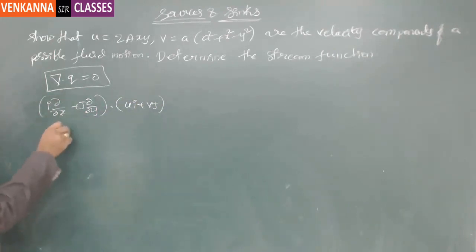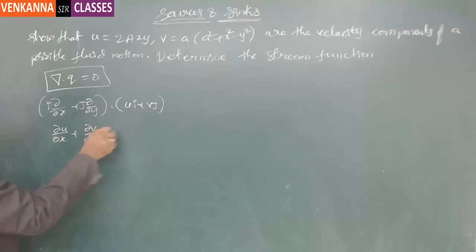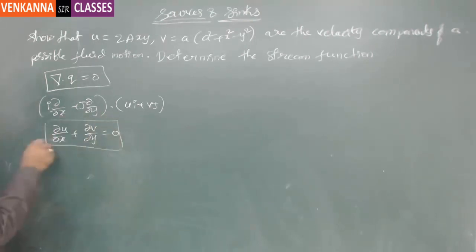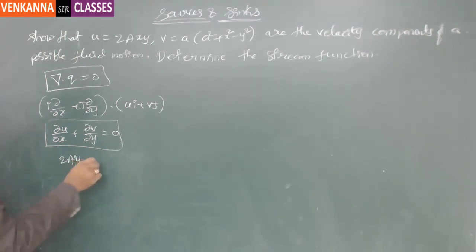Now ∂u/∂x plus ∂v/∂y is equal to 0. This is the continuity equation. For that function, ∂u/∂x will be 2ay, and ∂v/∂y is nothing but minus 2ay.